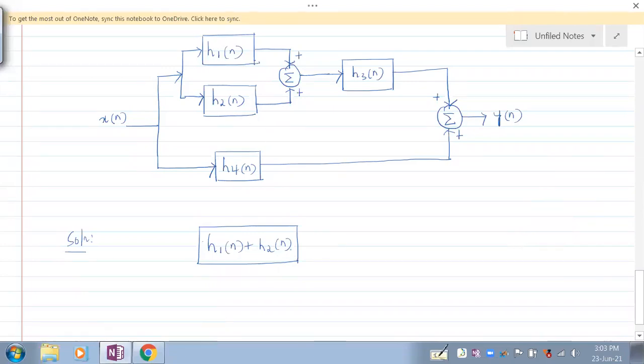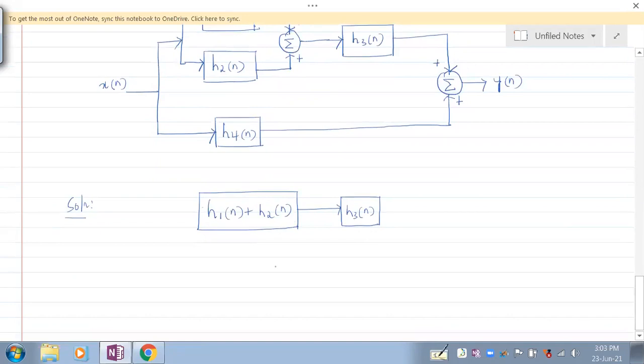Fine. Now this system is in series with this, that is h3 of n. Fine. So you have h4 of n. Let's take down this. This is h4 of n.